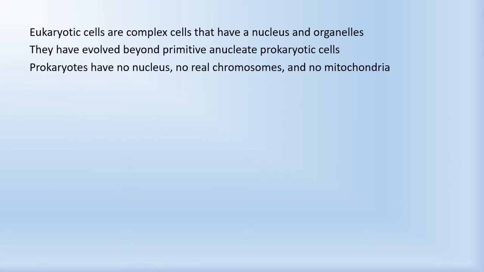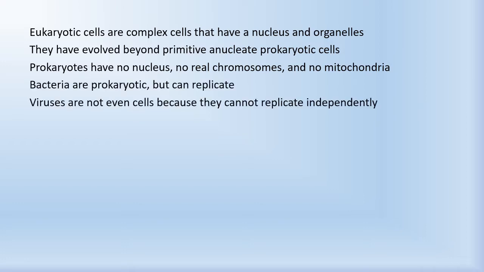So animal cells are eukaryotic and are mostly nucleate. In other words, they have a nucleus. They have evolved beyond the primitive anucleate, without a nucleus, prokaryotic cells. Prokaryotes have no nucleus, no real chromosomes, and no mitochondria.